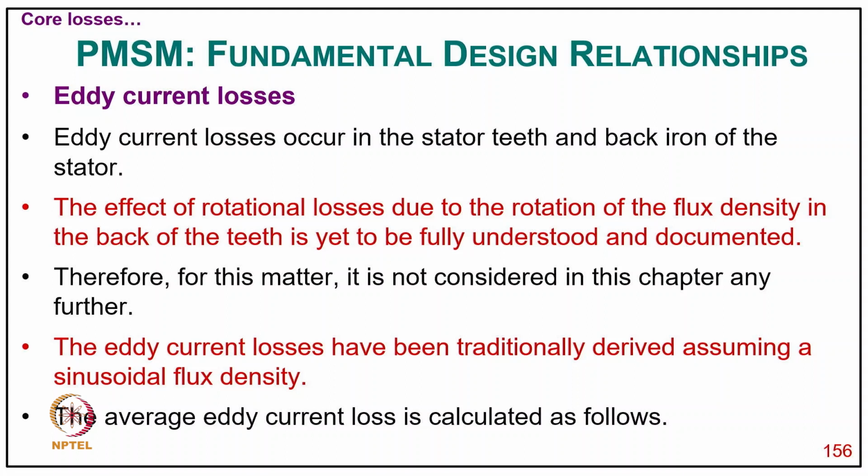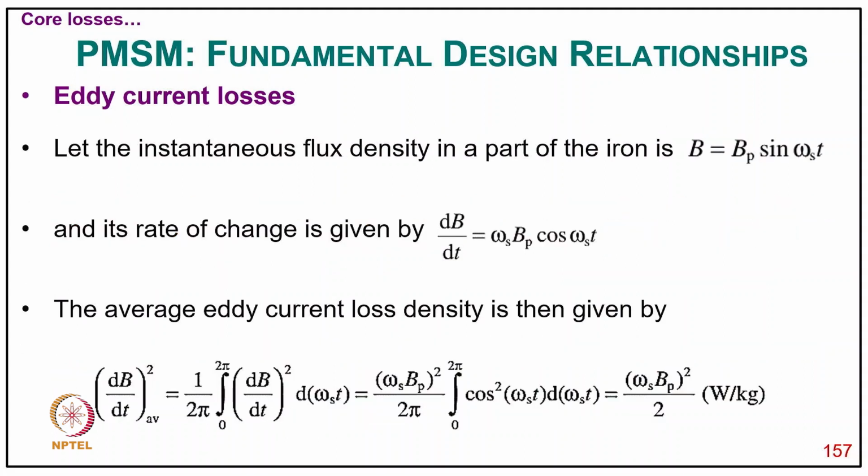The eddy current losses have been traditionally derived assuming a sinusoidal flux density. An average eddy current loss is calculated as follows. Let the instantaneous flux density in the iron be B = B_p sin omega_s t, and its rate of change is given by dB/dt = omega_s B_p cos omega_s t.